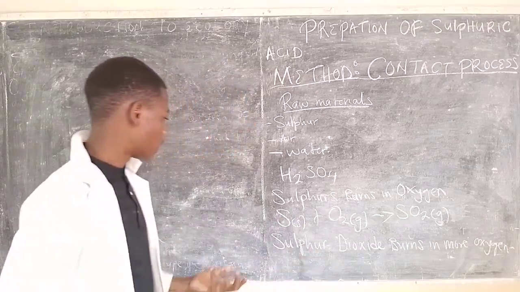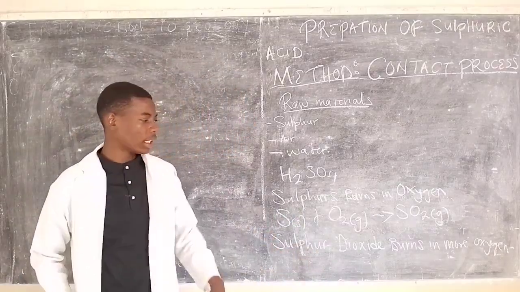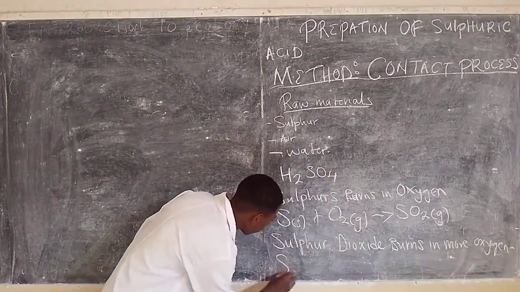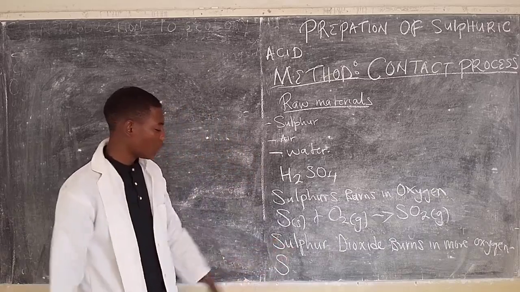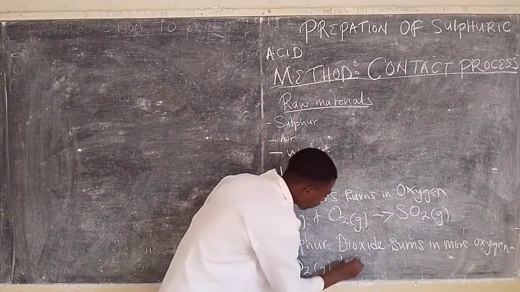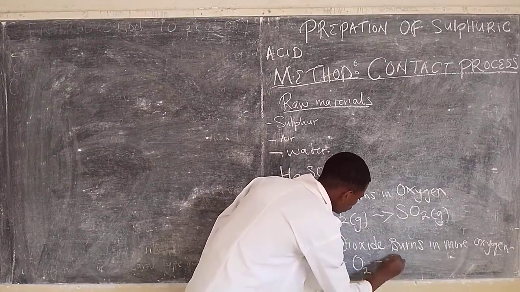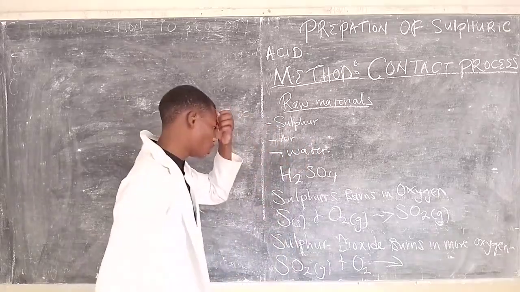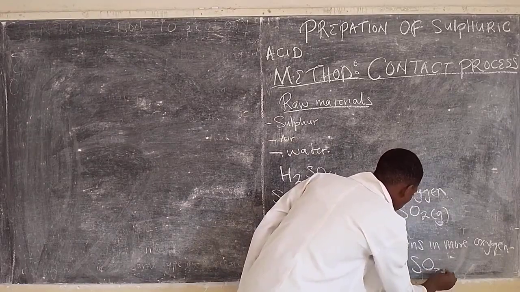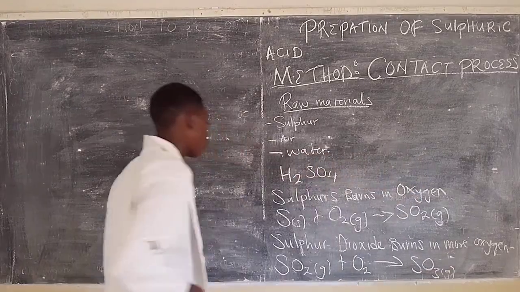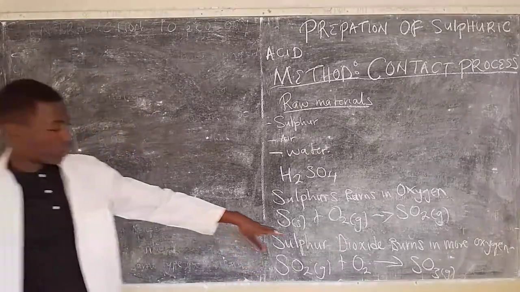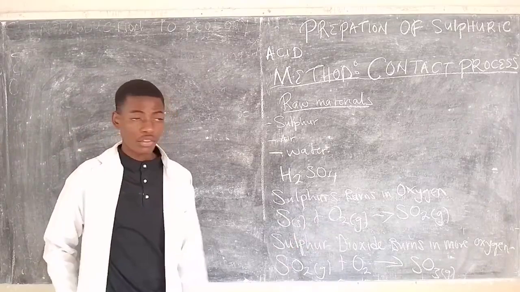In other terms, sulfur dioxide burns in more oxygen. Sulfur dioxide, SO2 in gas state, reacts with oxygen to produce sulfur trioxide. So sulfur dioxide burns in oxygen to produce what we call sulfur trioxide.